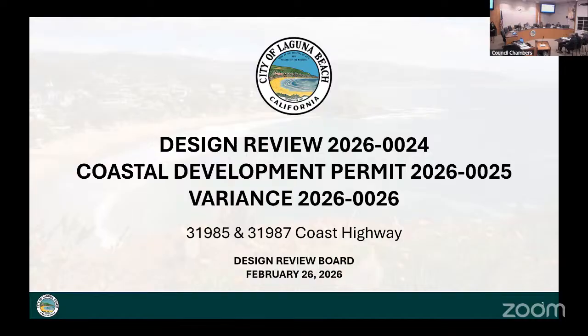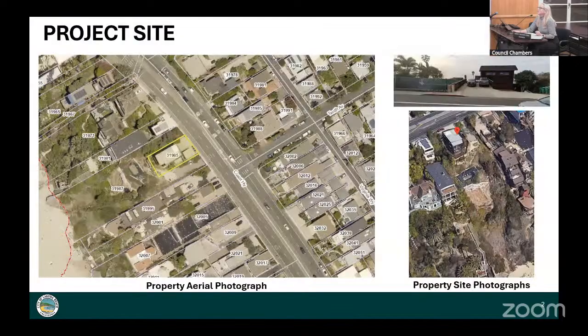Sure. Thank you. You've already introduced the case numbers, so you can go on to the next slide, please. This is the project site. You can see there are two lots, 31985 and 31987, that will be joined once before the permit is pulled. On the right side of the slide, there's the frontage.